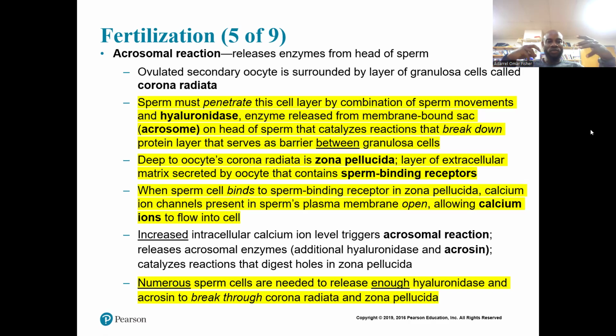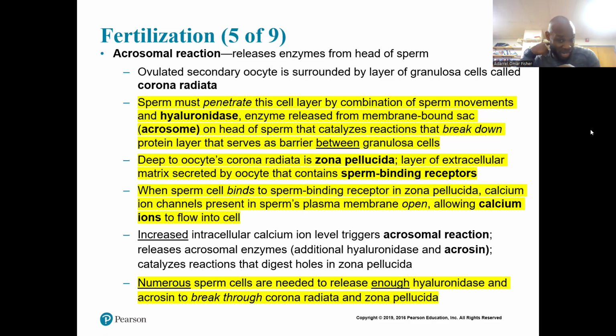Deep to the egg's corona radiata is a zona pellucida, a layer of extracellular matrix secreted by the oocyte, which contains sperm binding receptors. So once we break down that outer layer, we have this next layer that has sperm binding receptors.